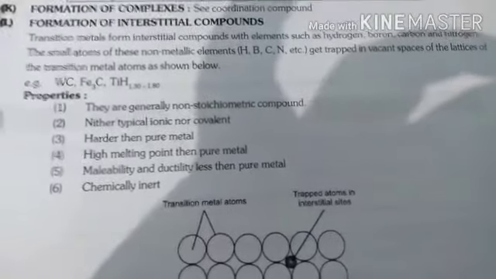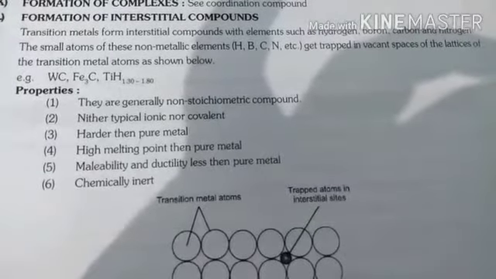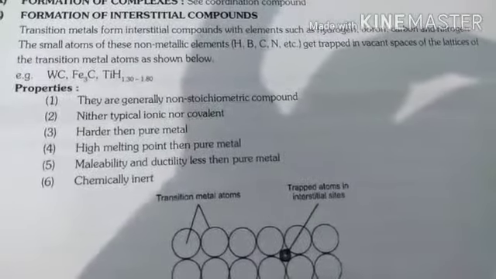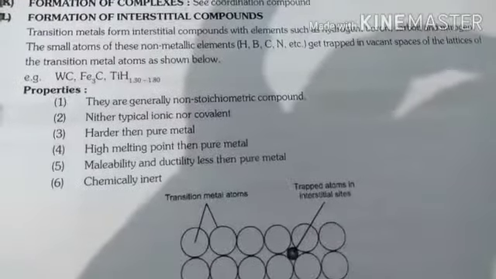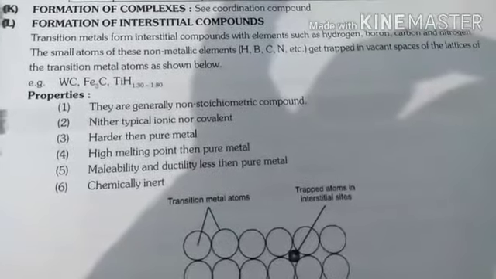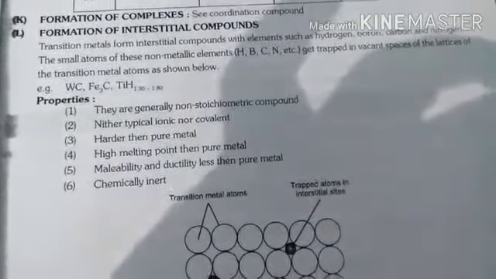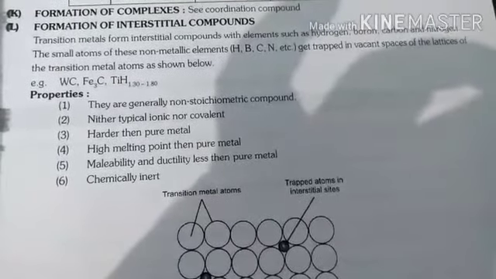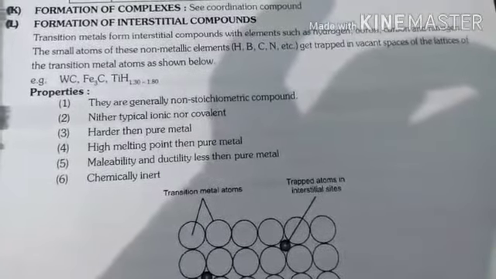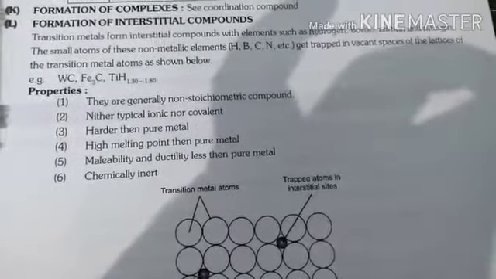And now formation of interstitial compounds. Transition metals form interstitial compounds with elements such as hydrogen, boron, carbon, and nitrogen.